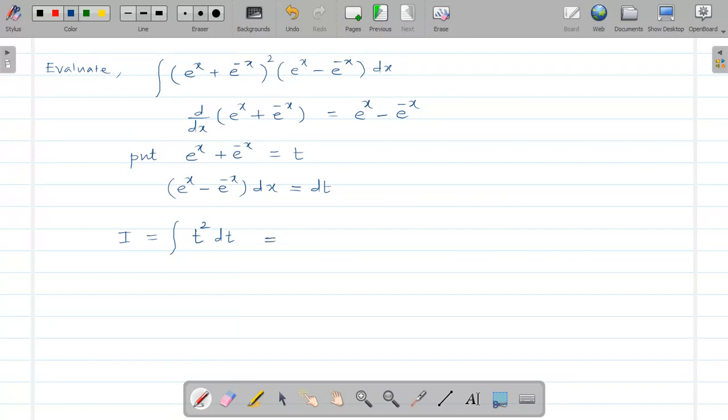Now it is very easy. Integration of t square is what? T cube upon 3 plus constant. Now after resubstituting, we get (e raised to x plus e raised to minus x) whole cube upon 3 plus constant.